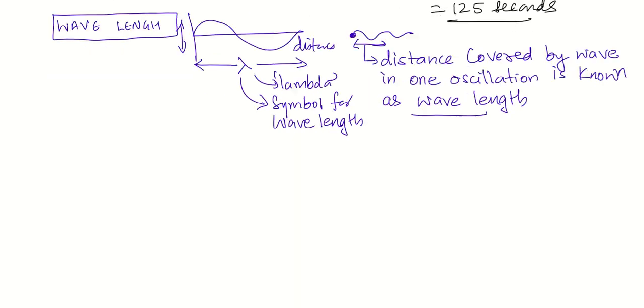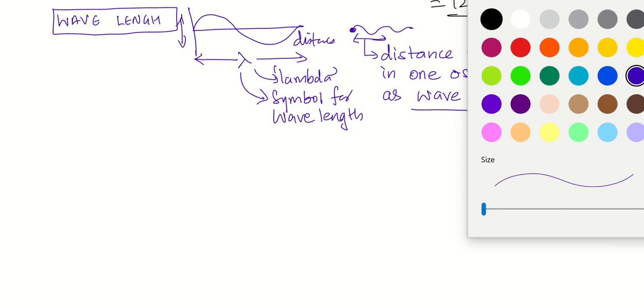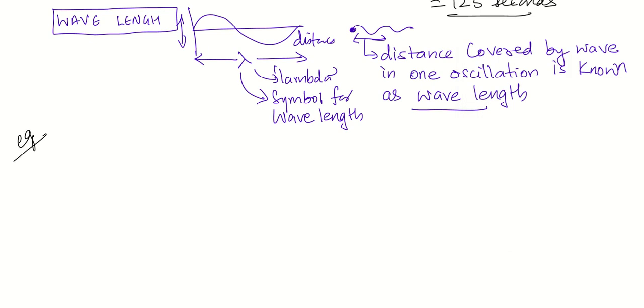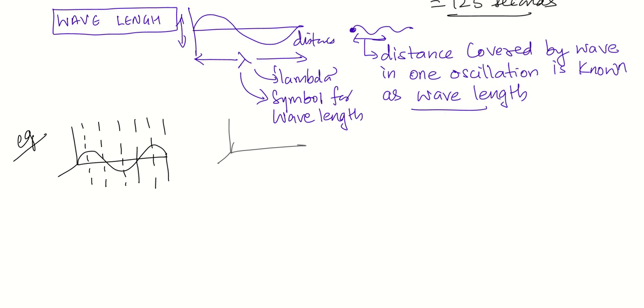So, for example, let us do one question here, then we will understand easily. I have been given two graphs like this, and they are giving me another graph here that also looks almost the same.